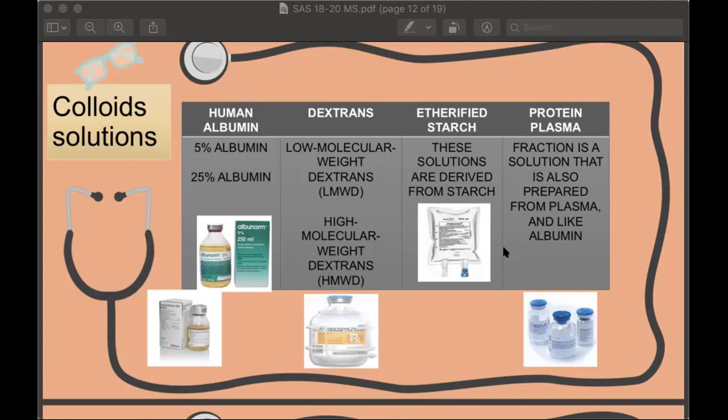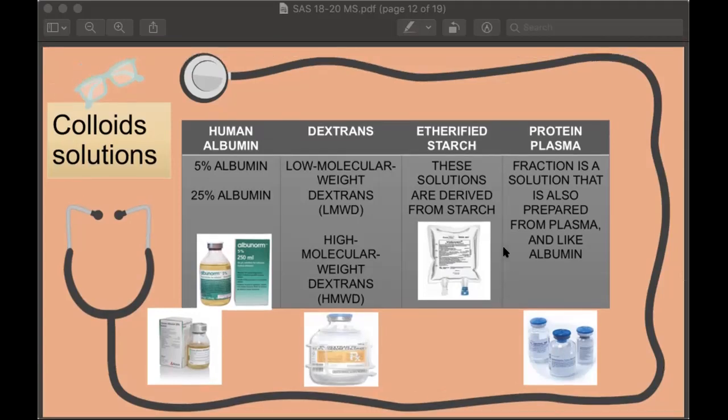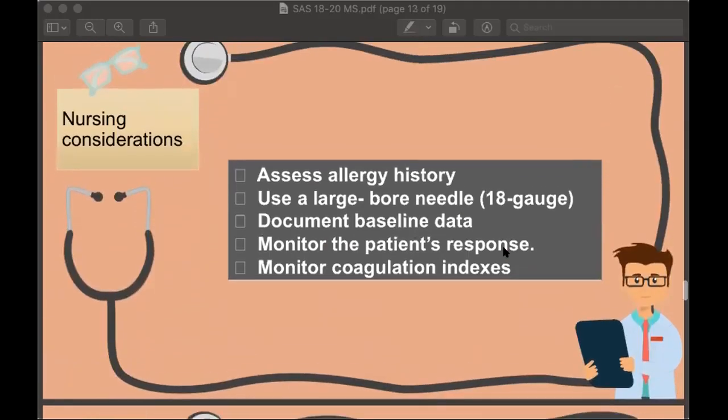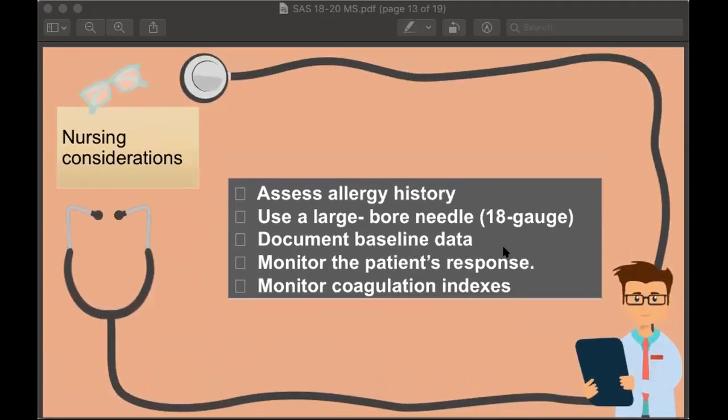whenever you give this one to a patient, we should always have your nursing considerations. Okay, so before you give this, you need to take baseline vital signs first. Aside from that, you assess the allergy history, of course, by checking the chart and also talking with the patient or the patient's relative.